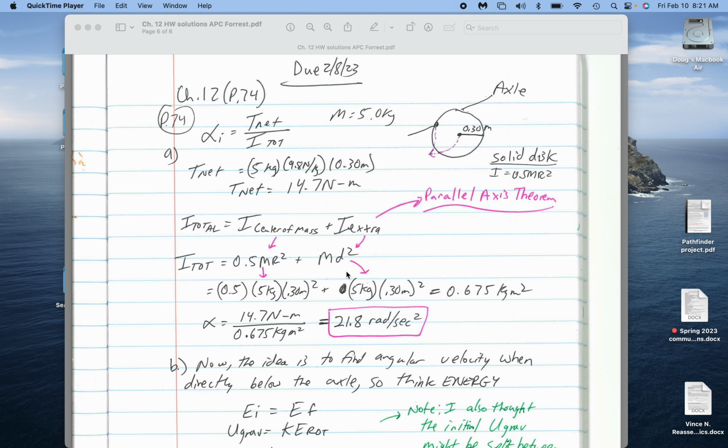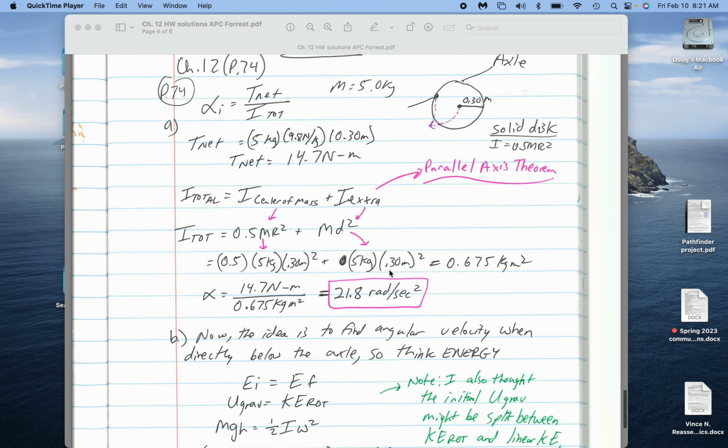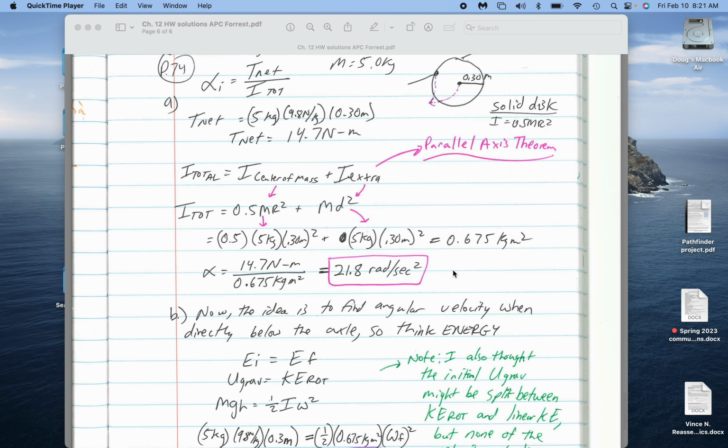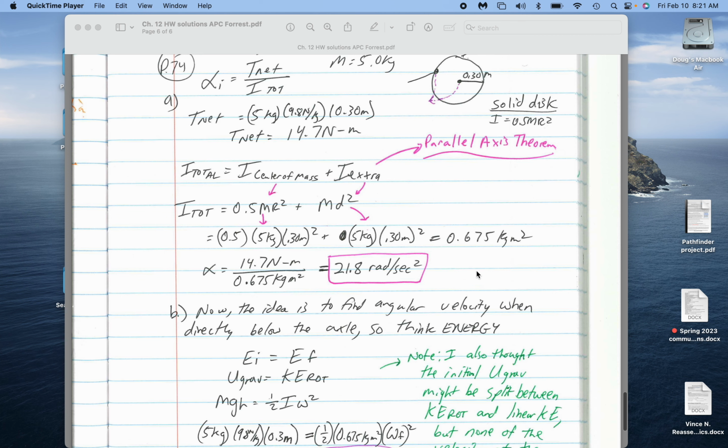The moment of inertia as related to the parallel axis theorem is md squared. And then that ends up giving us a total moment of inertia of 0.675 kilogram meters squared. Okay, so that's 21.8 radians per second squared.